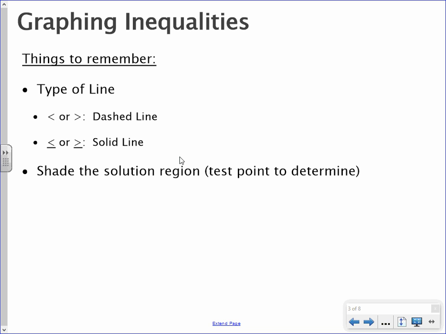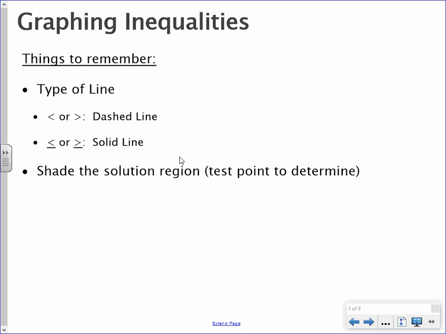Okay? So those of you who had the parabola, if you tested a point inside the parabola, it did not satisfy your inequality, so you shaded outside of the parabola. The easiest point to test is 0, 0. But for that parabola, it goes through 0, 0. You can't use that point to test.